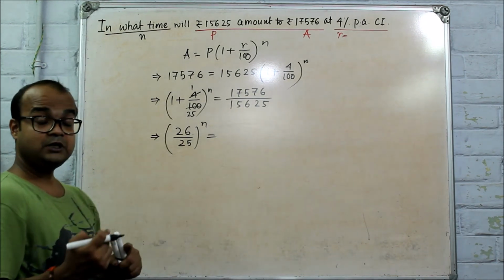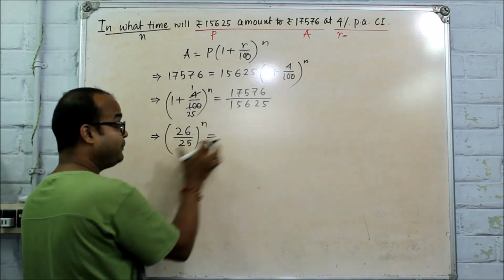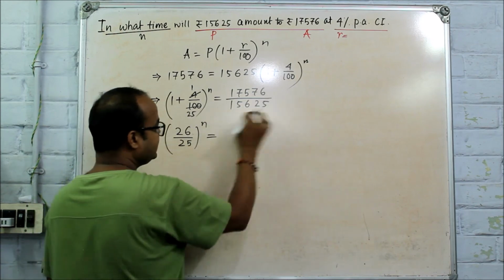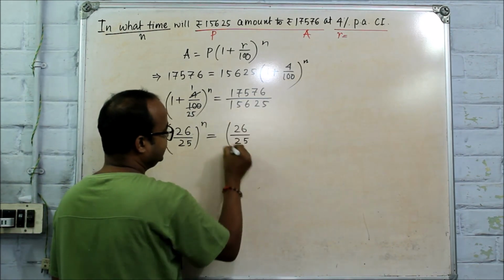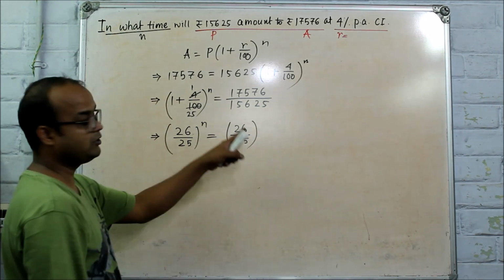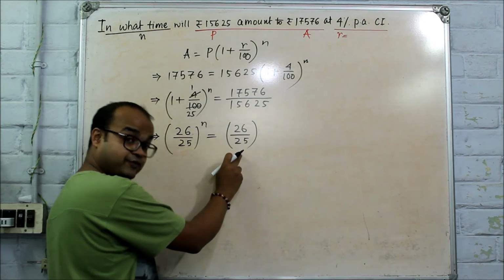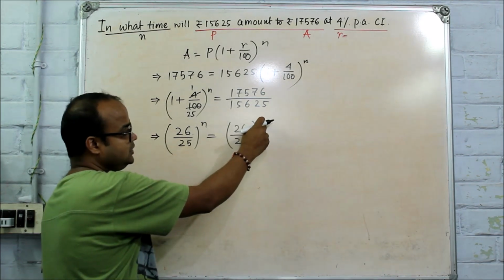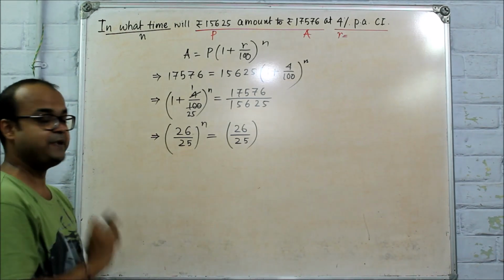Now if I remember, I told you we need to compare the power, so base should be same. So we need to find out, because it must be equal to (26/25) to the power something, otherwise we will not be able to compare the base.